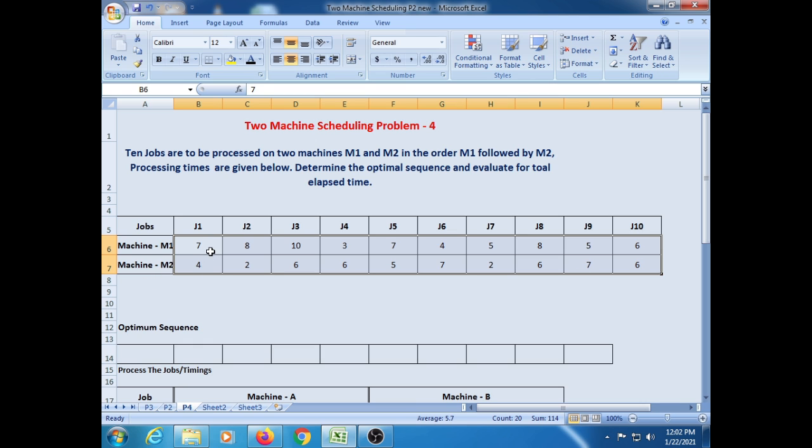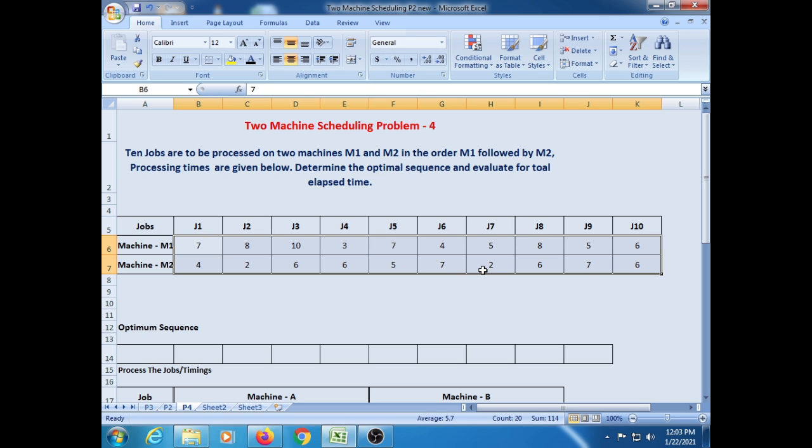Within all the processing times, we have to identify the lowest processing time. Here the lowest processing time is 2, and here one more 2, so there is no lower one.